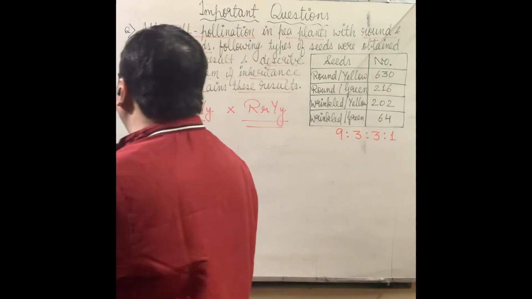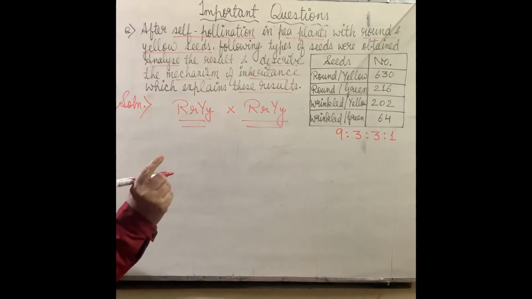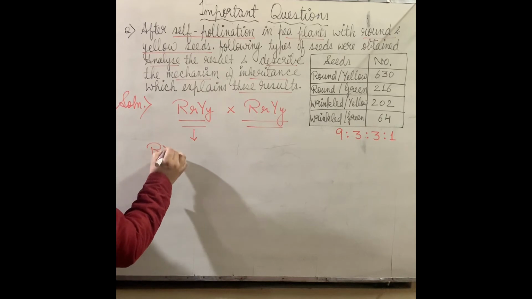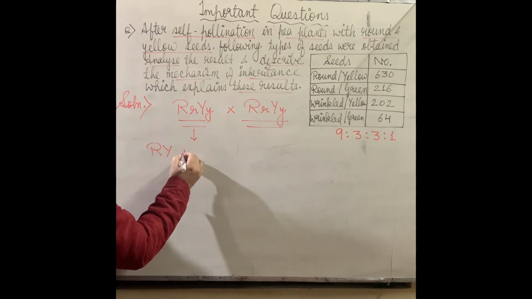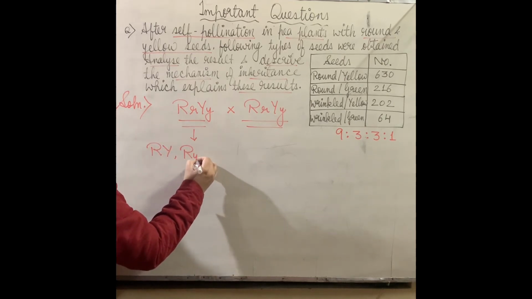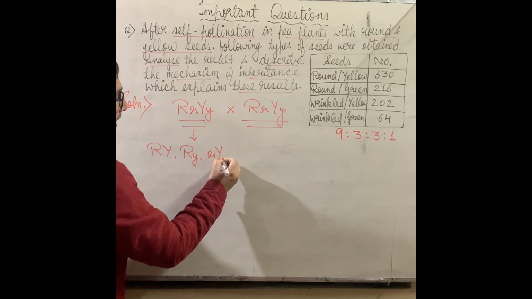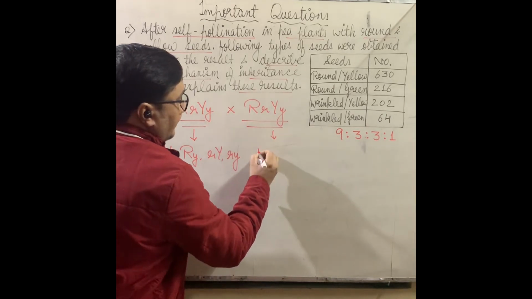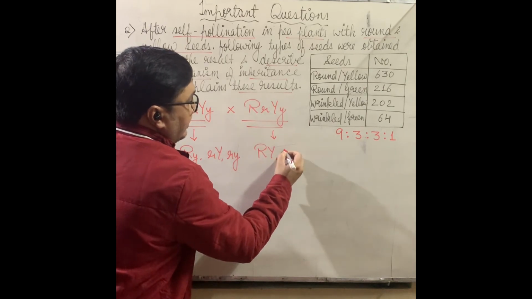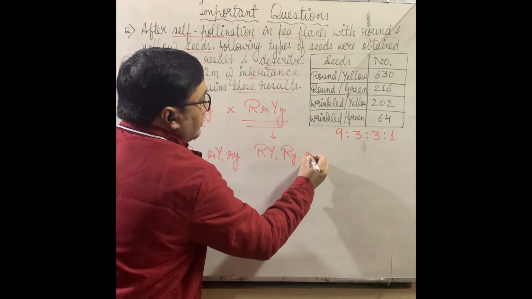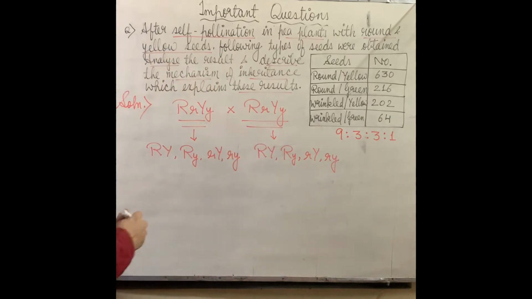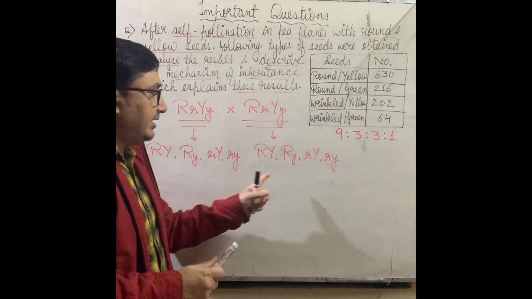You will say that during gamete formation, all possible combinations will be seen. Same will be here as well. Capital R, capital Y, capital R, small y, small r, capital Y, and small r, small y. So during gamete formation, all possibilities will be there.